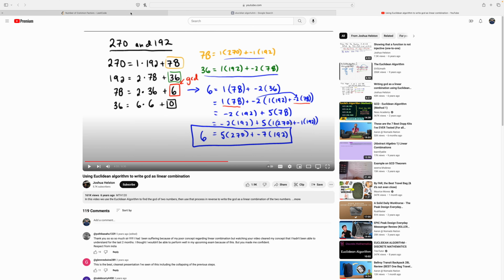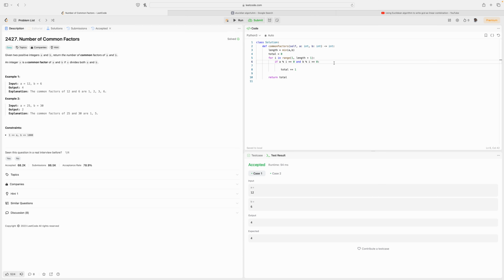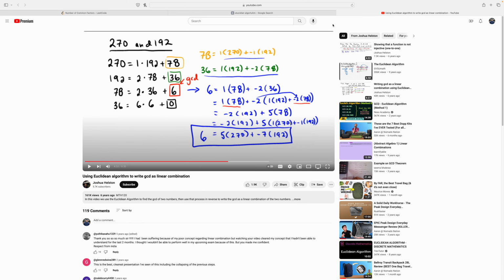But this is still O(n). The upside is I can use the Euclidean algorithm to save some cycles. If it's 2000 and 1000, that's a lot of cycles, so I can use the Euclidean algorithm to knock it down.